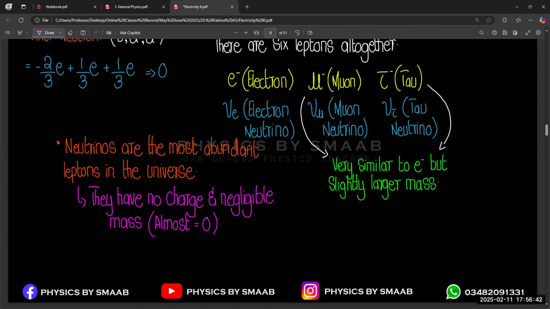So that's why these are the most abundant leptons in the universe.